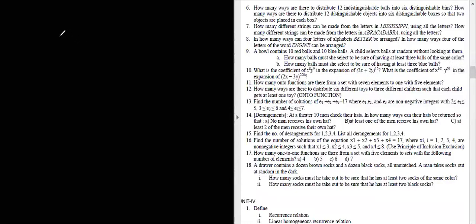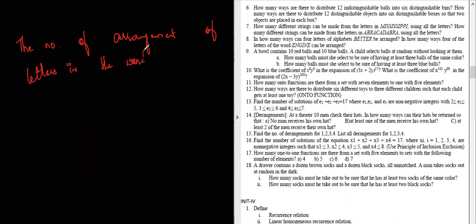Instead of solving the seventh problem, I'm solving the number of permutations, the number of arrangements of the letters in the word Tallahassee. Now, what are the number of arrangements of this?